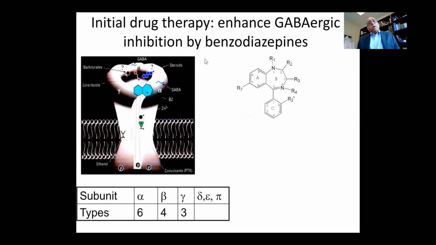As you've heard, a key point in the pathophysiology of status epilepticus is reduction in GABAergic inhibition early in the course of this condition. We can reinforce GABAergic inhibition using benzodiazepines.